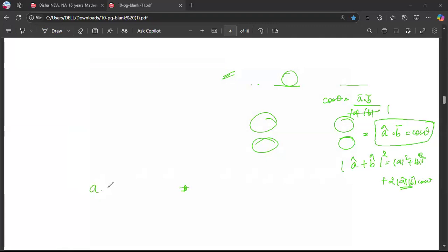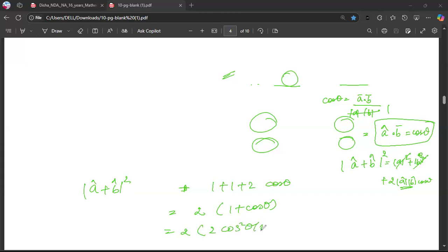So on the left hand side, 1 plus 1 plus 2 cos theta. That becomes 2 into (1 plus cos theta). Okay, 1 plus cos theta is what? It's 2 into cos square of theta by 2, which is the magnitude of A plus B whole square.